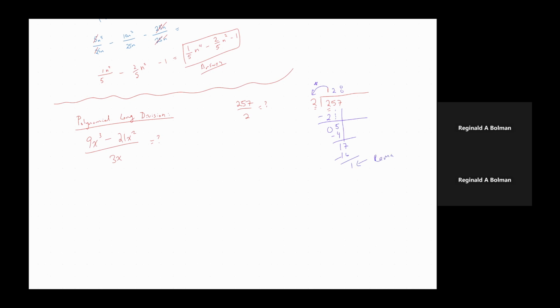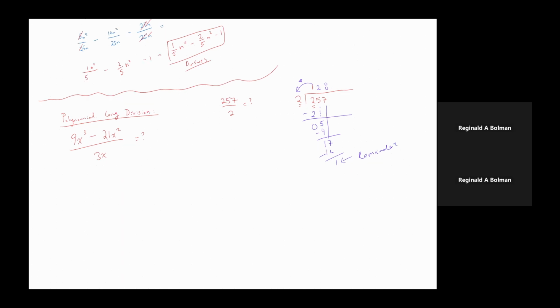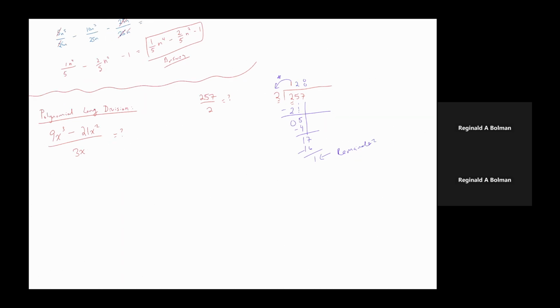Now, while it's true that we can continue the process, assuming that we believe that decimals are legitimate, what is in fact the case is that when you do long division and you obtain a remainder, you can actually stop.